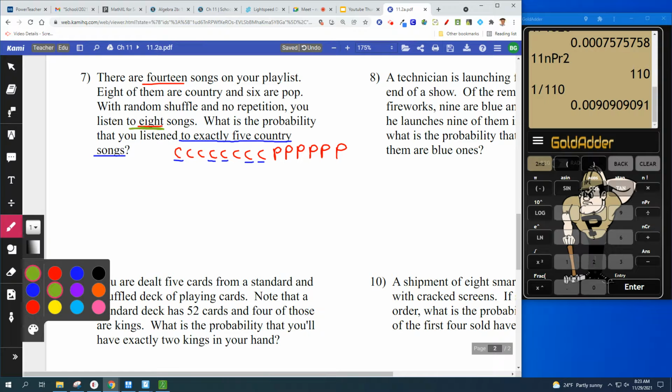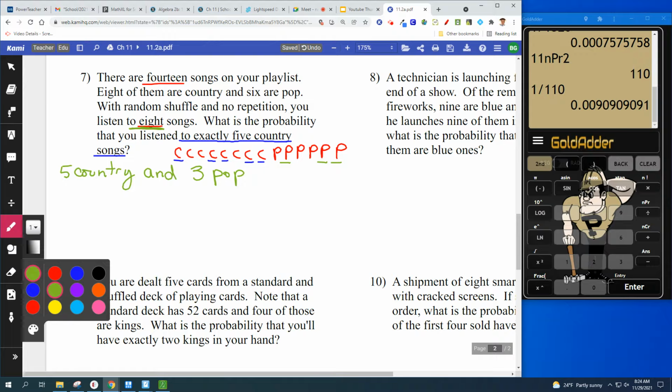There must be 3, and I don't know which 3. Maybe it's these 3, okay? But the implication here, when they say 5 country, is we're also listening to 3 pop songs. And that's tough for some people to get because they don't ever say 3 pop songs. That's just implied in the problem. But 5 country and 3 pop songs in order to get to the 8 songs.